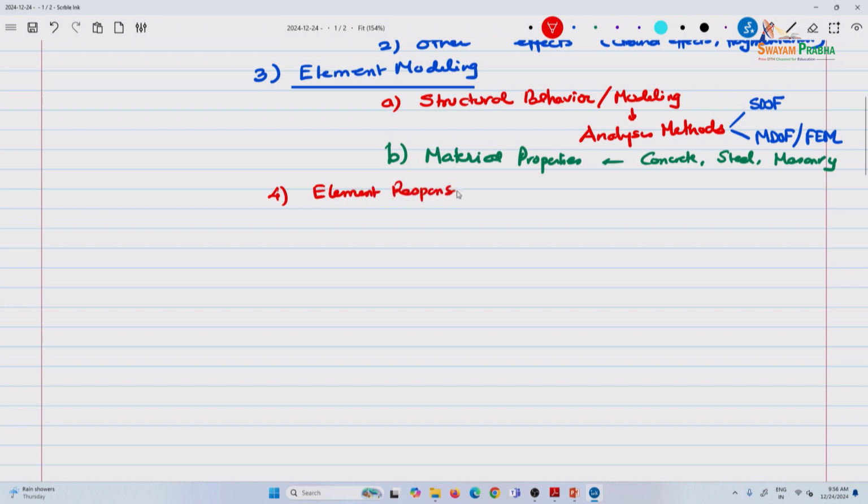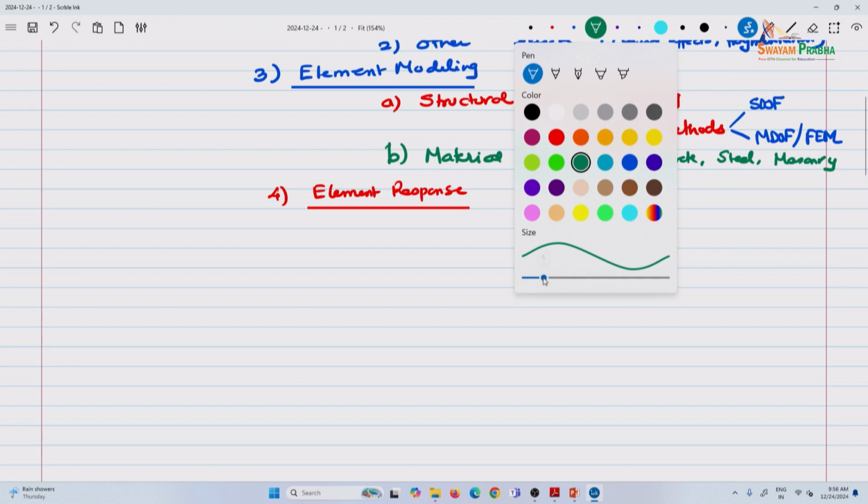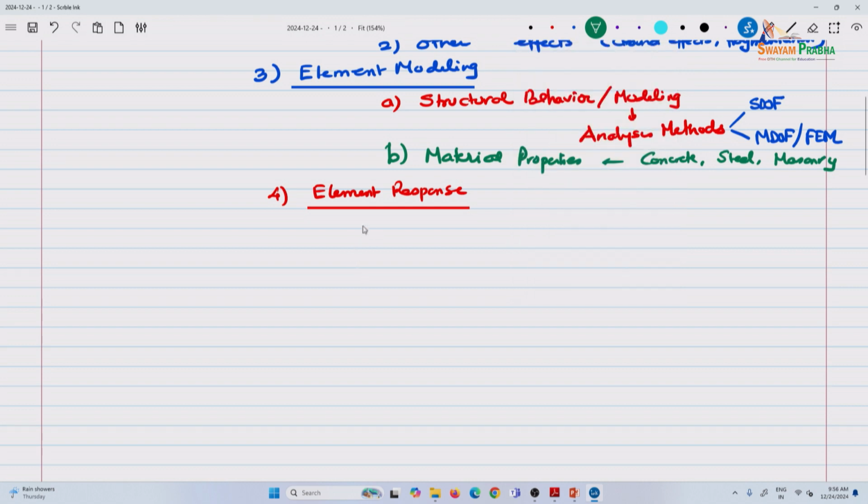And once you have all of this nailed down, the fourth thing that comes in is the element response. So you have a loading, and once you have decided on what the type of model it should be, you apply the loading, you get the response. And what are all the parameters that you include in your response? For example, whether you are looking at the force, you still have to come to the basics of design.